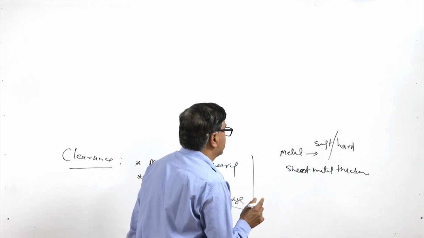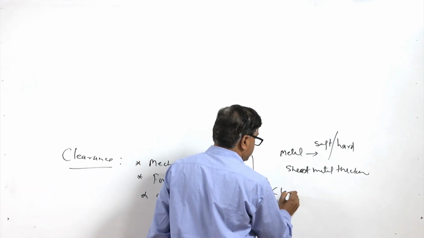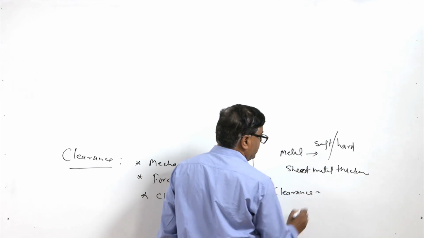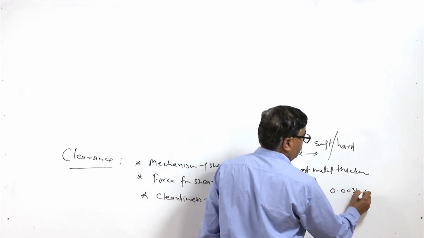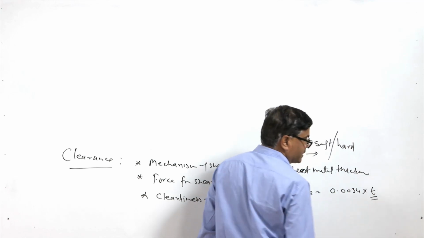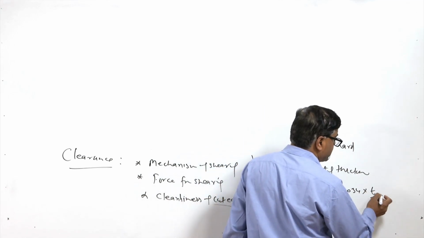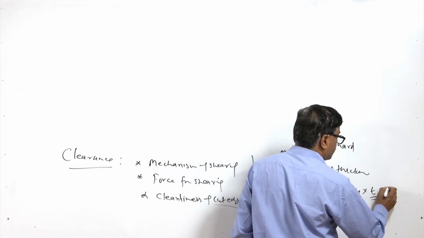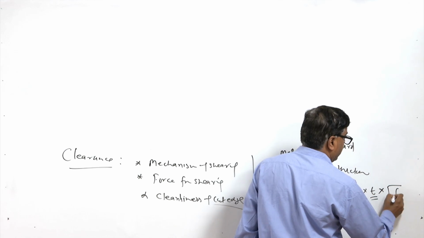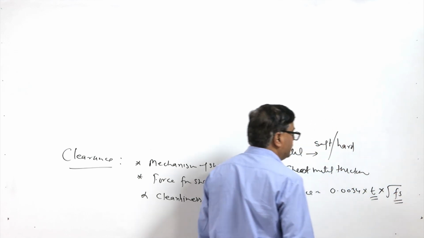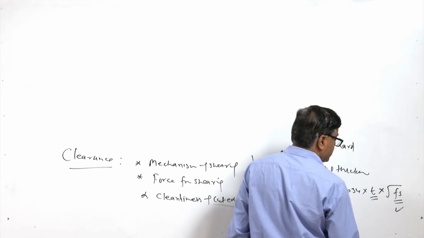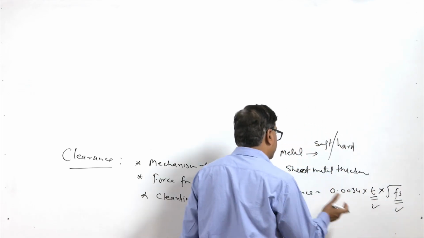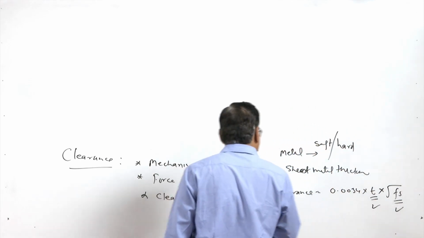Both of these factors are clubbed. So, clearance is given empirically using the equation 0.0034 multiplied by T, where T is the sheet metal thickness in mm, and the square root of Fs, the shear strength of the material. So, here the material shear strength and thickness of the sheet are both considered for calculation of the clearance.